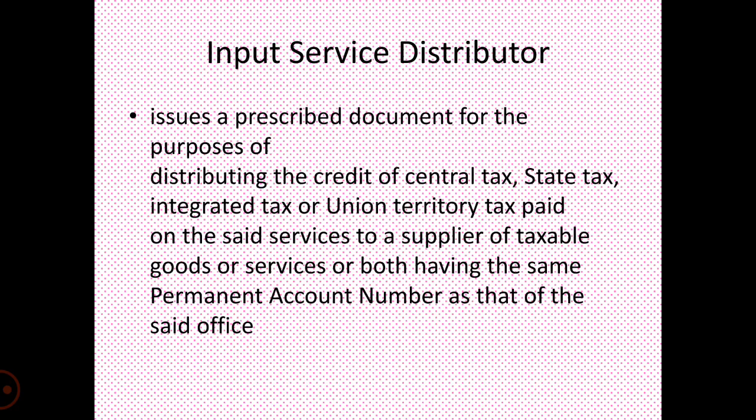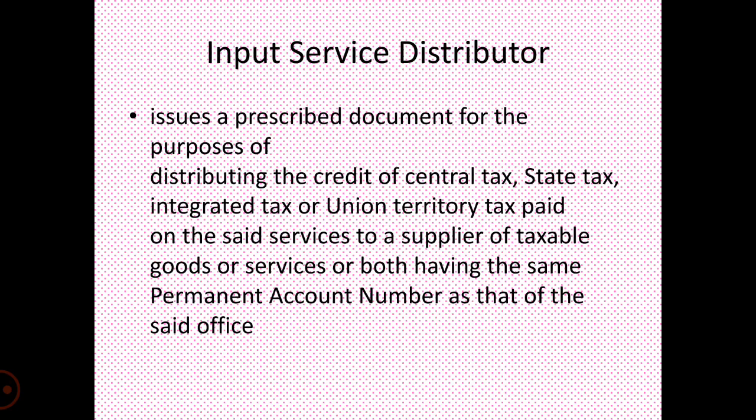In another case, where the supplier is dealing in services, he issues the invoices within the period prescribed by the Act. When the date of payment is ascertainable from the contract, the invoice shall be issued as per that date, and when the due date of payment is not ascertainable from the contract, the invoice shall be issued before or at the time when the supplier of services receives the payment.